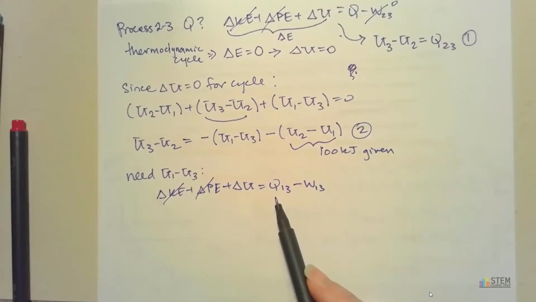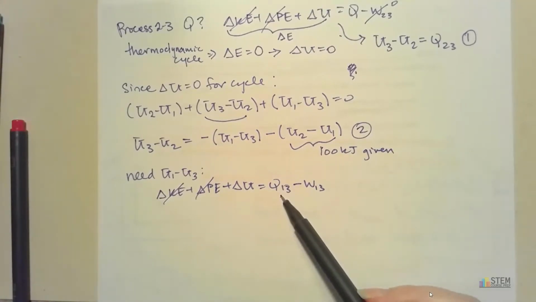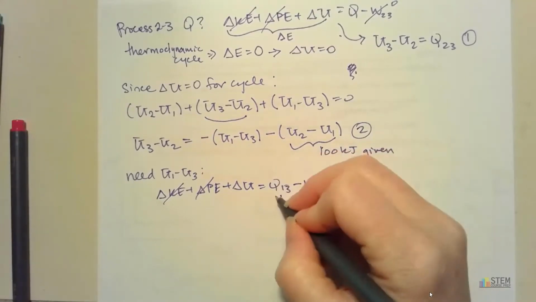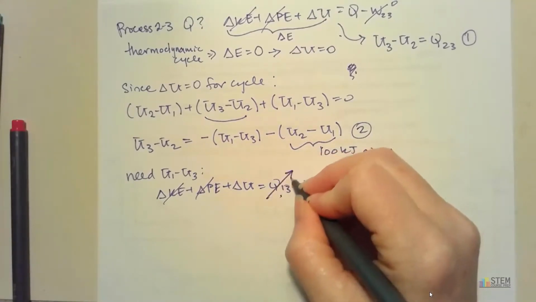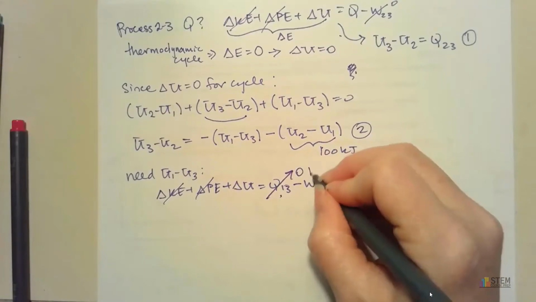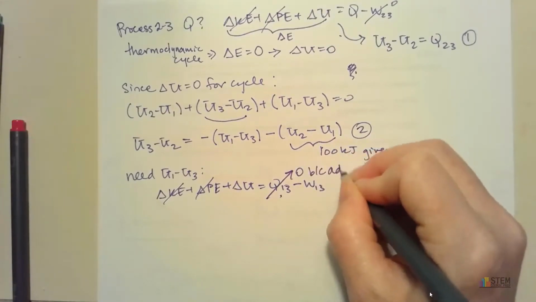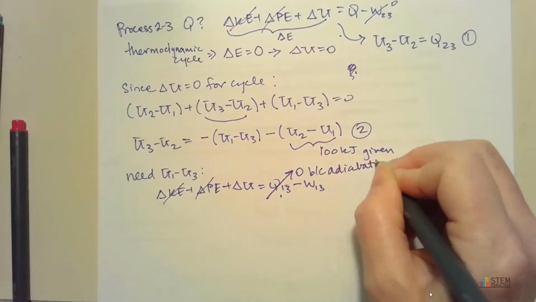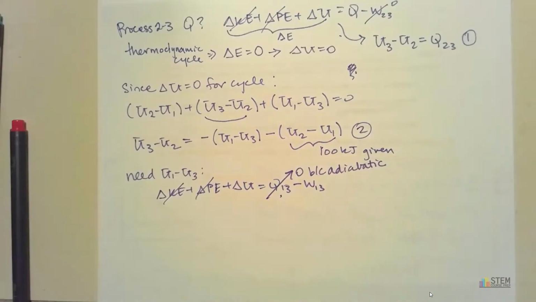Now let's think about our keywords. We said that this process is adiabatic, right? And adiabatic means there is no heat transfer, so this goes to 0. See how important it is to look for those keywords? If you wouldn't have known that that went to 0, you would be sitting there staring at that for a long time trying to figure out what to do with it.